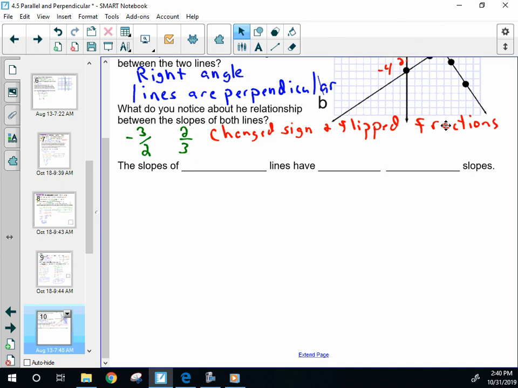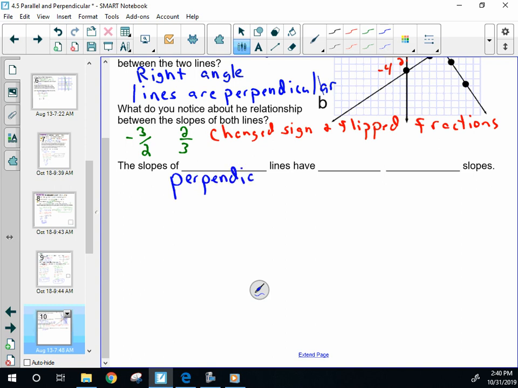So therefore, the slopes of perpendicular lines have opposite reciprocal slopes. Remember, opposite means to change the sign from positive to negative or negative to positive.